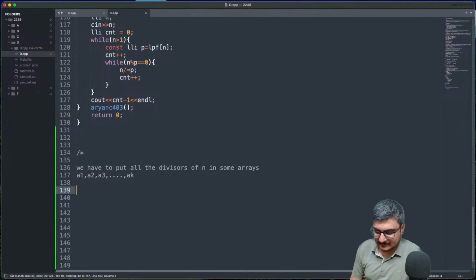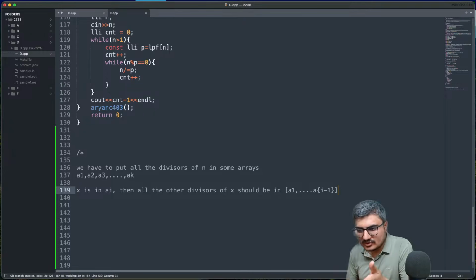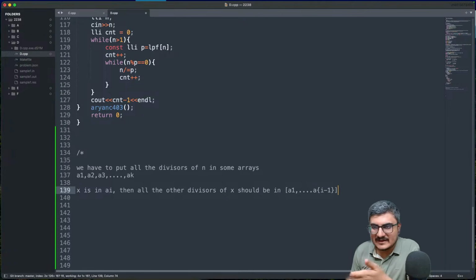Now it says if x is in Ai, then all the other divisors of x should be in A1 up to Ai minus 1. So whenever you are adding more elements to some part, then all the divisors are already in earlier parts.